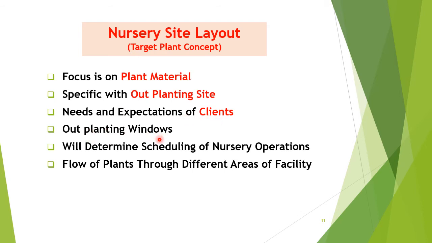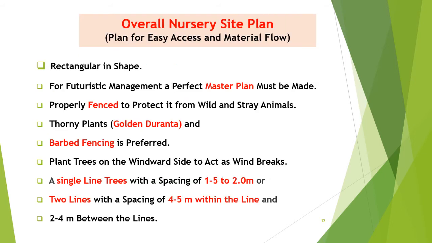Outplanting windows will determine scheduling of nursery operations and flow of plants through different areas of the facility. The overall nursery site plan is a plan for easy access and material flow.